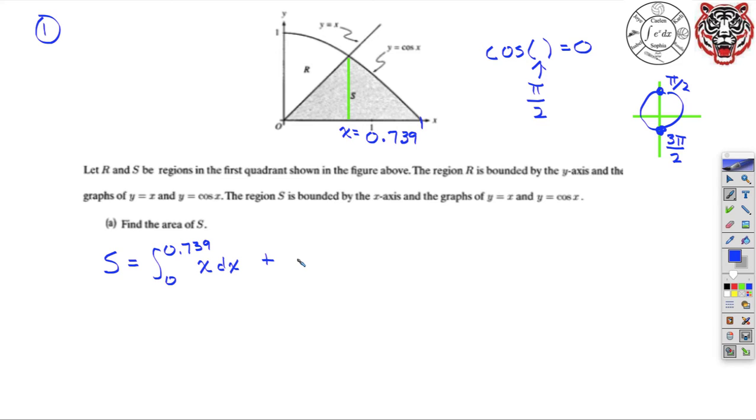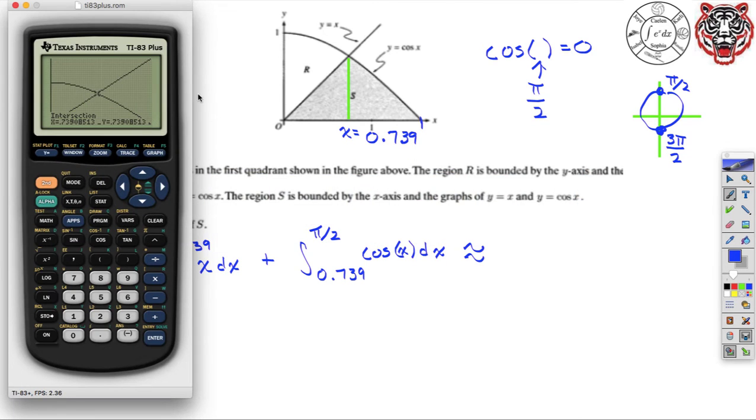The integral from 0.739 to pi over 2. And then what function do I put here? Just cosine. Cosine of x dx. Perfect. Then, this is going to be approximated, so I'll do our little squiggly equals sign. This is going to be approximately, and then we need to calculate it.